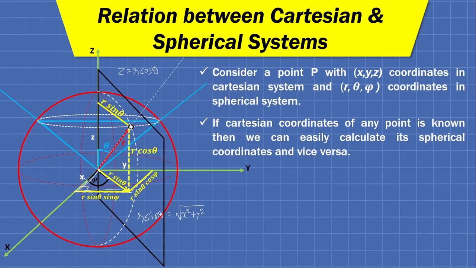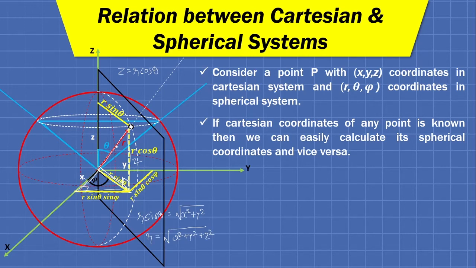Fine. Now if we apply a Pythagoras theorem on this right angle triangle with z as height and r sine theta as base, then its hypotenuse, which is nothing but r, or radius, is nothing but under root x square plus y square plus z square.